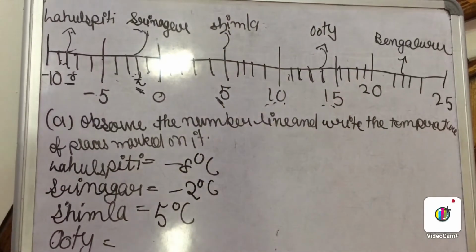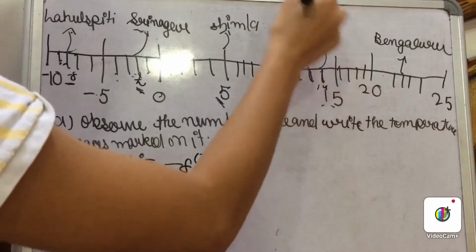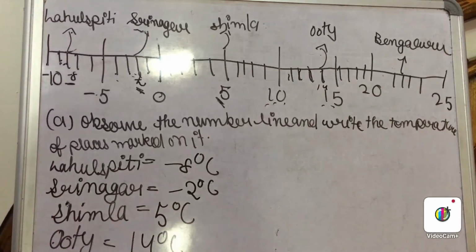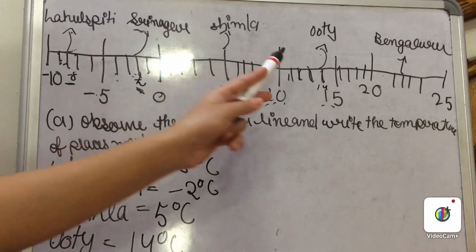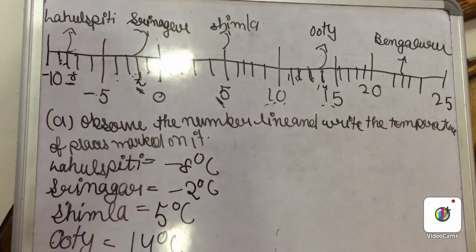So Ooty comes at 14. The temperature at Ooty is 14 degrees Celsius. You have to do nothing in this question, you just have to count: 10, 11, 12, 13, 14. Wasn't it easy? It is 14 degrees Celsius here.